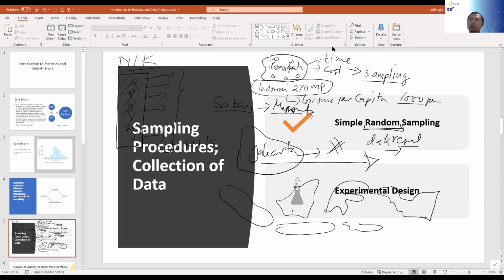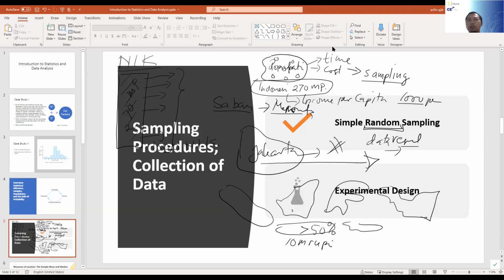For example, the income in Jawa is relatively higher. So the population in Java Island might be greater than 50%, and the income is maybe relatively higher, let's say 10 million rupiah.